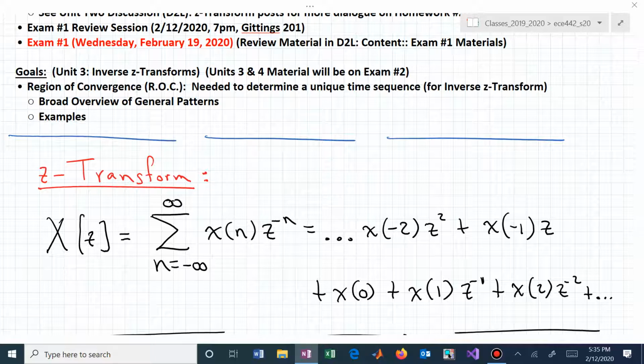If I'm trying to figure out what my region of convergence is, I just write this generic formula down, and then I examine what is the result of when these terms in this expansion are true or not, and what does that say about the values of Z that cause this expansion to be bounded or finite.